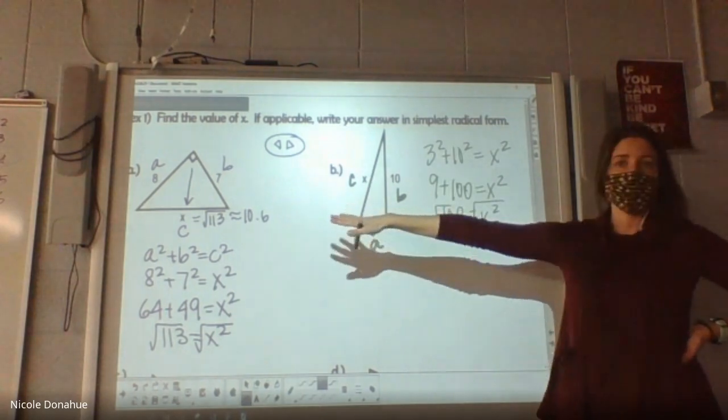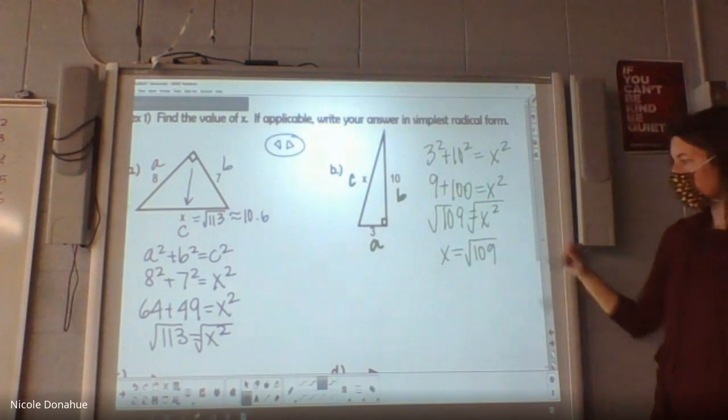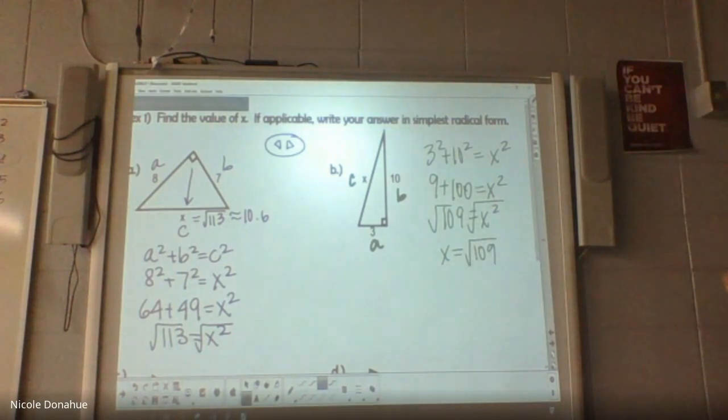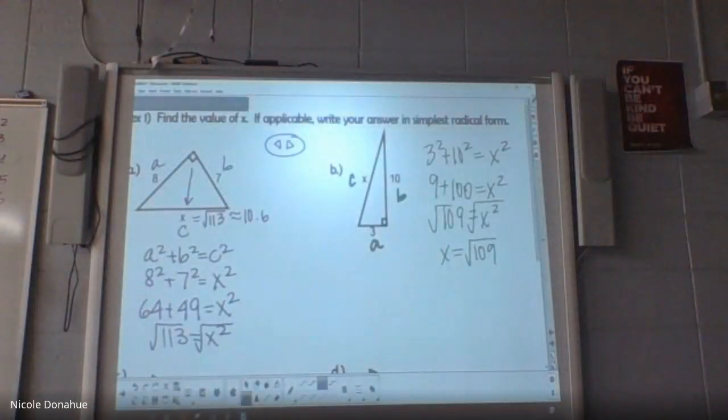I go to take the square root. It actually ends up being a really close number to that last one. We get the square root of 109, which is again about 10 point something. That won't always be the answer. But I don't think 109 simplifies either, does it? I don't think so. So I kind of picked some bad ones in terms of practicing simplifying radicals.